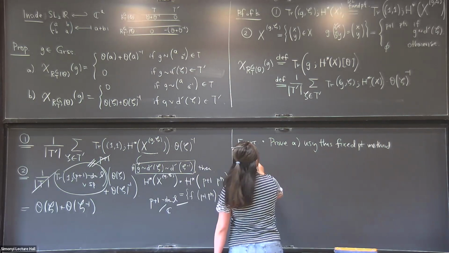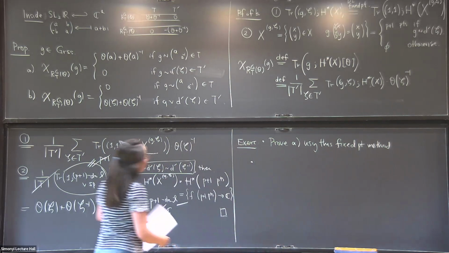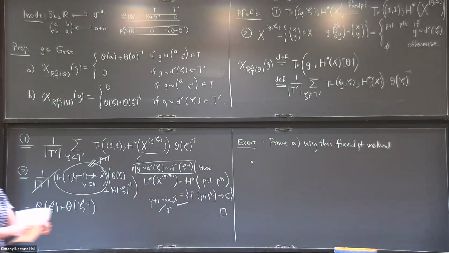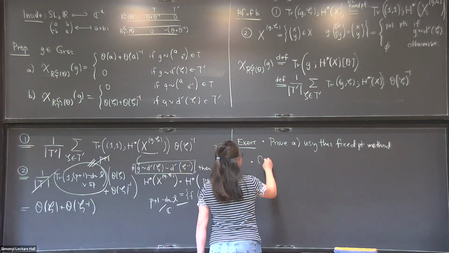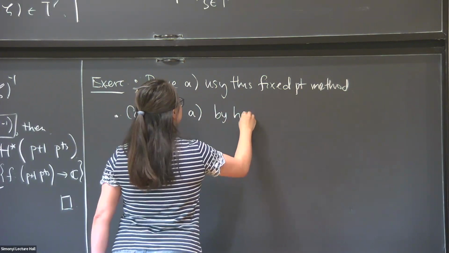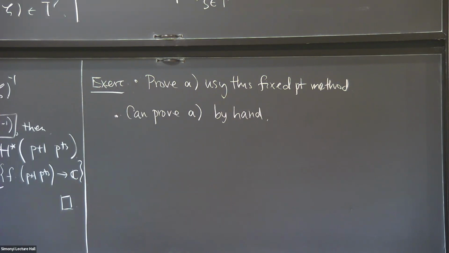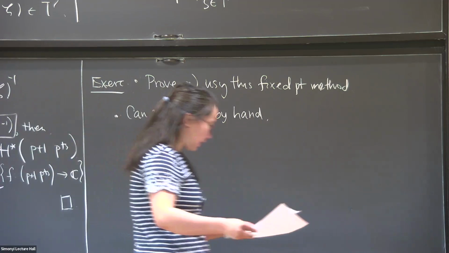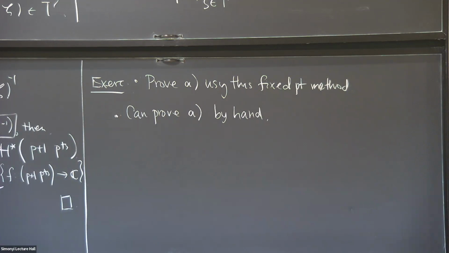So that's the first thing. But actually, you know how to prove A by hand too. And in fact, if you did problem 1 on the exercises, you already know the top statement. And so it's really the second statement, this vanishing statement, that you'd have to see in order to get the full proposition. Okay. Any questions?